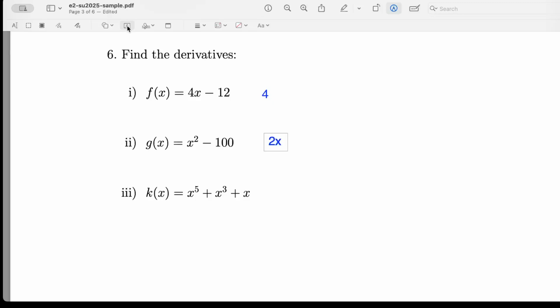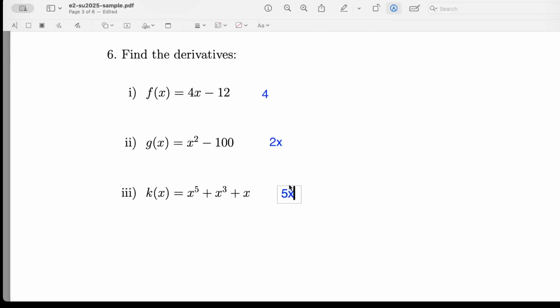And lastly, just to check that you know how to deal with sums. This is what they call the sum rule, although there's also a difference rule. But the derivative should be just, how to say it, take the derivative of each piece of that thing and add them up.